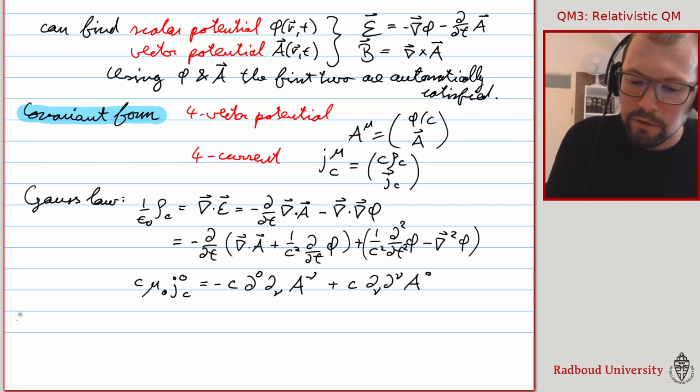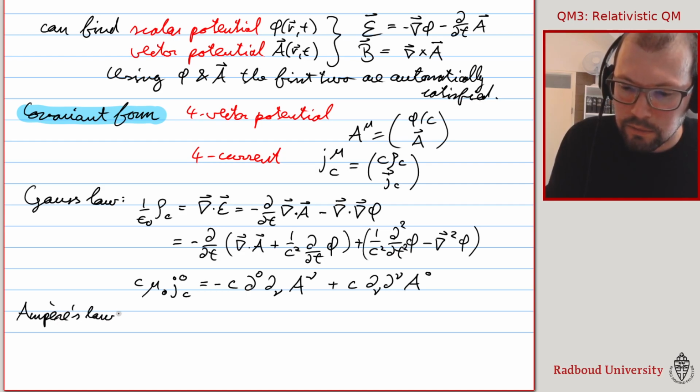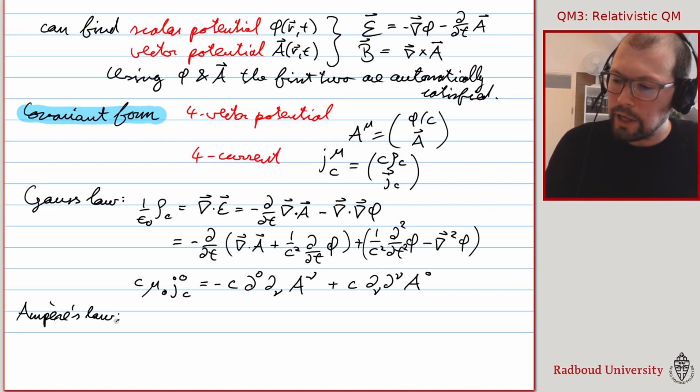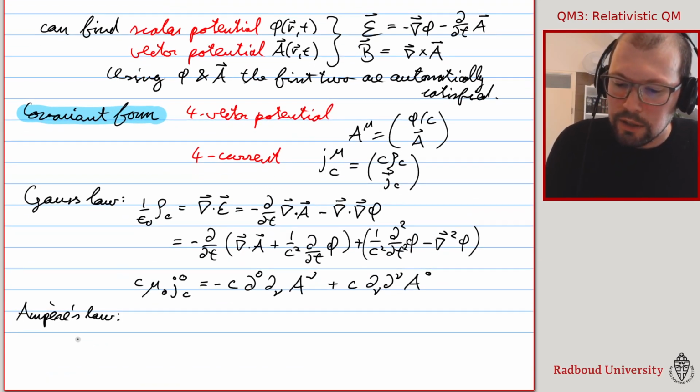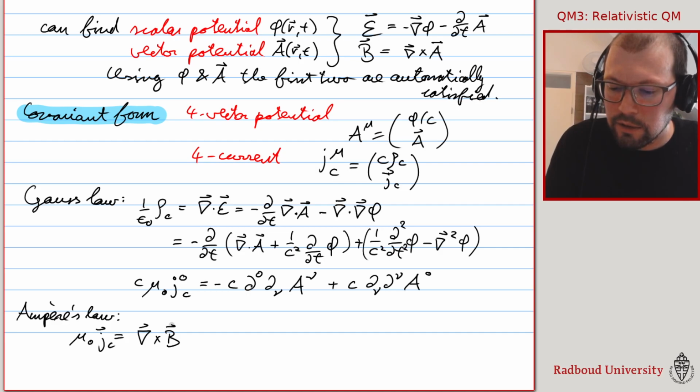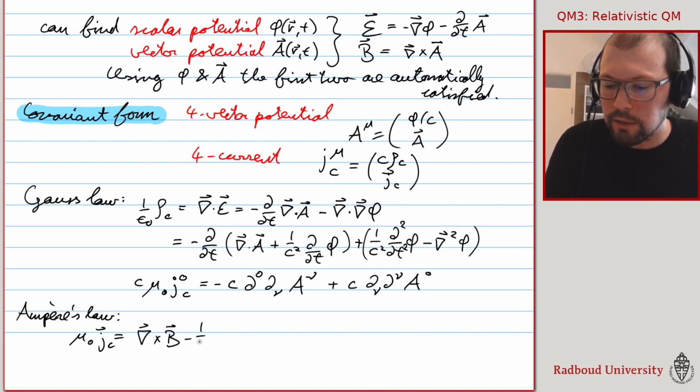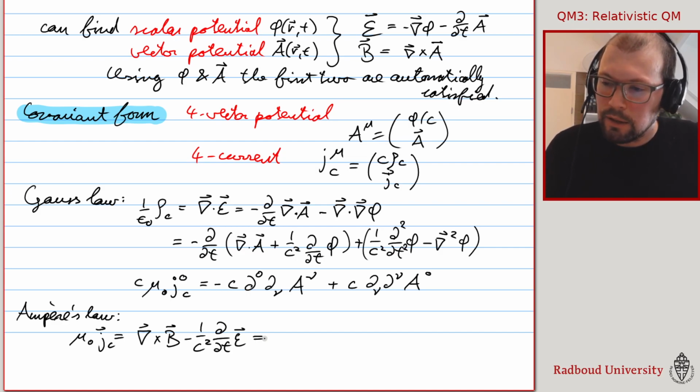Okay, and then for Ampere's law, let's take the electric field part to the other side. So we get that mu0 J is the curl of the magnetic field minus 1 over c squared times the time derivative of the electric field.